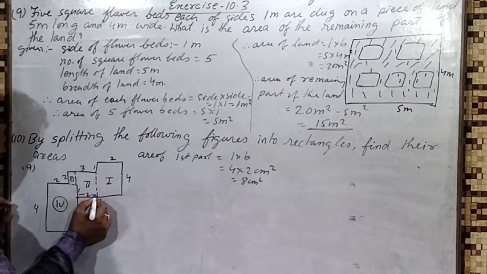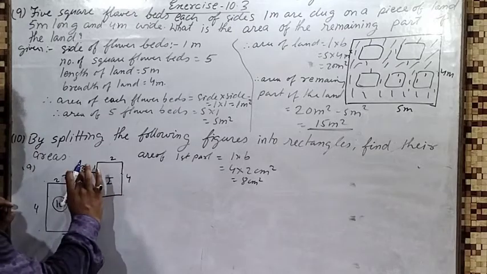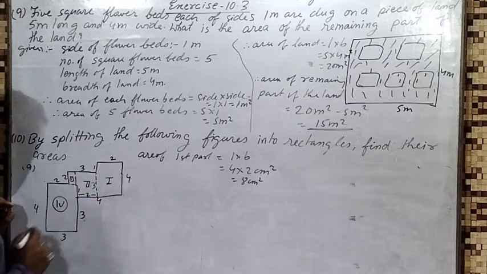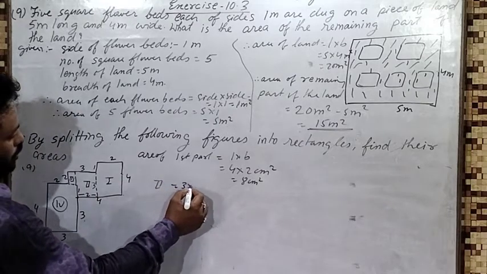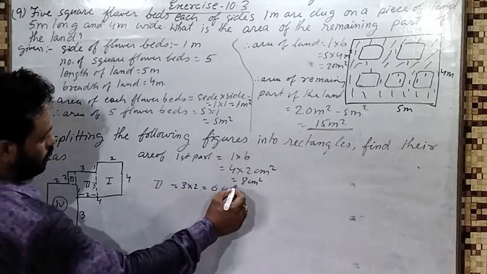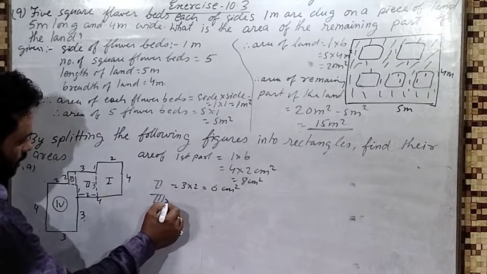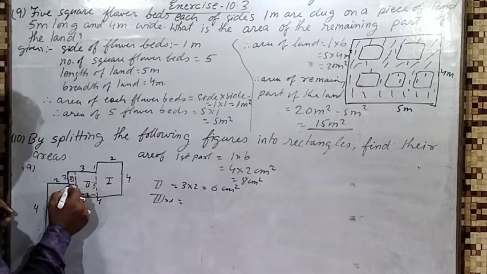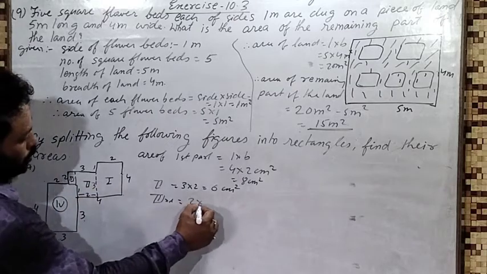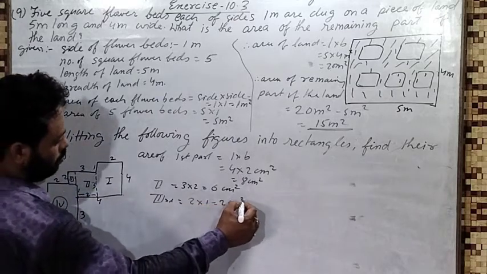From here to here it is 2, and this side will be 3. So second figure area is 3 into 2 is equal to 6 centimeter square. Third figure area, this small one, this one is 2 and this one is 1, so 2 into 1 is equal to 2 centimeter square.